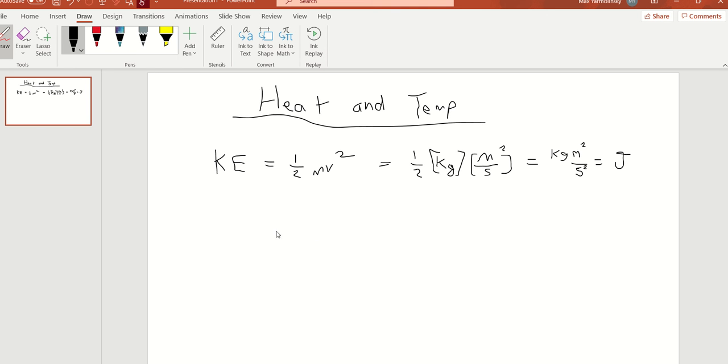Now, when we're going to talk about heat, what we'll see is that heat is also measured in joules, but usually instead of joules, they use a different unit called the calorie. 1 calorie is equal to about 4.2 joules.